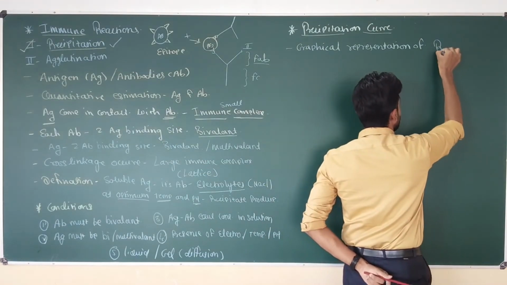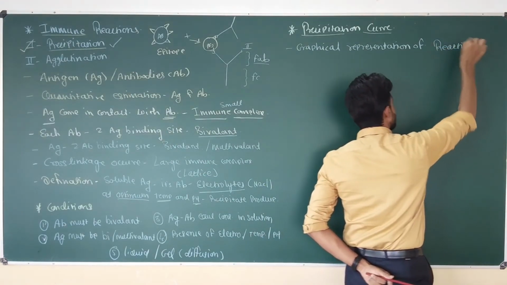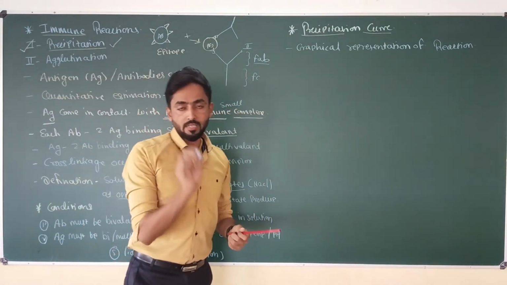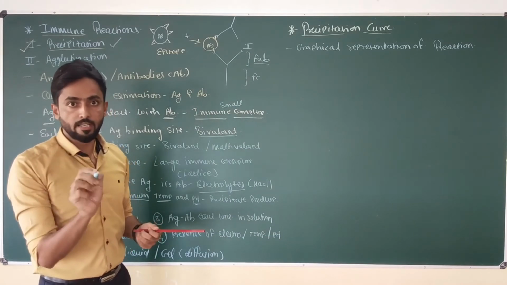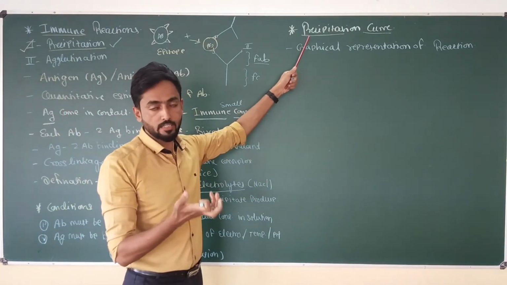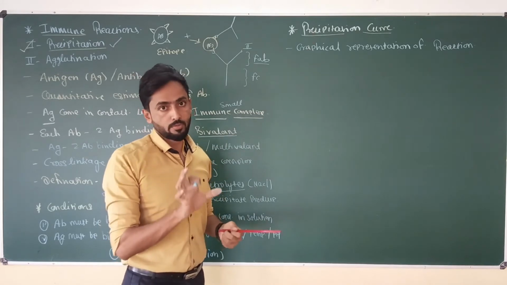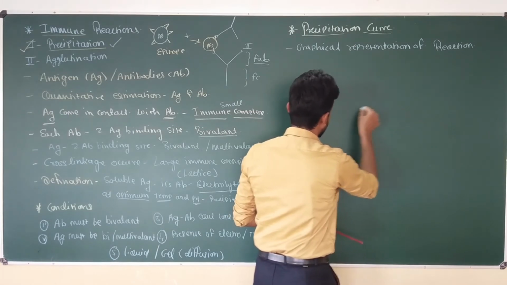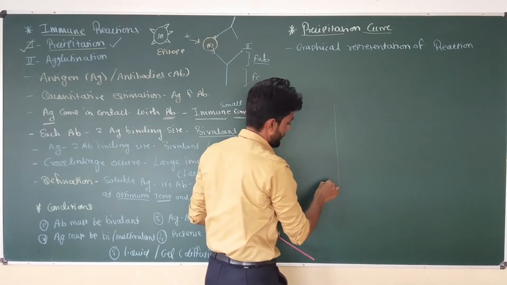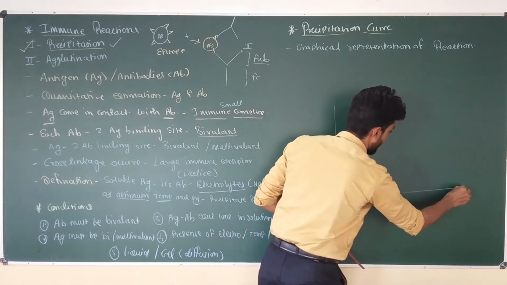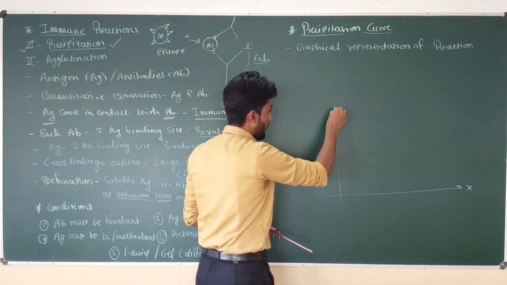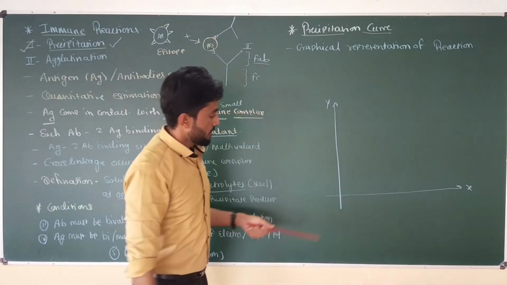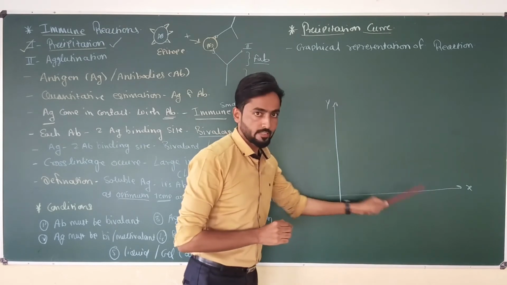Okay, to understand the precipitation curve, you must first study the reaction or the condition where this precipitation curve can be suitable, or can be made. Okay, in the precipitation curve, we generally use a graph with x and y axis, and we take two different parameters on x and y axis.